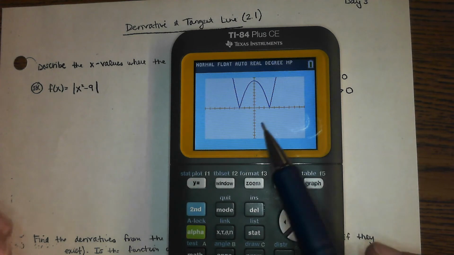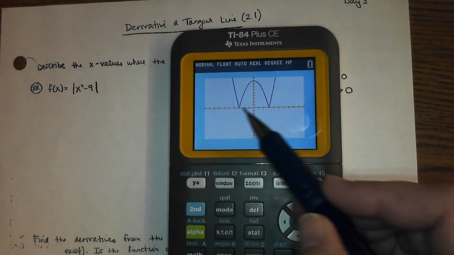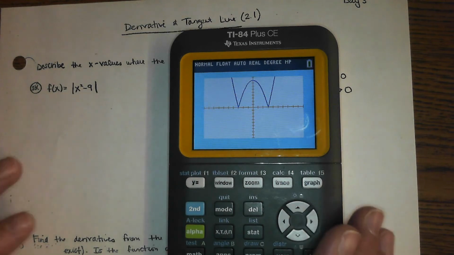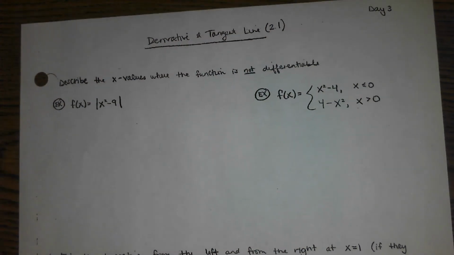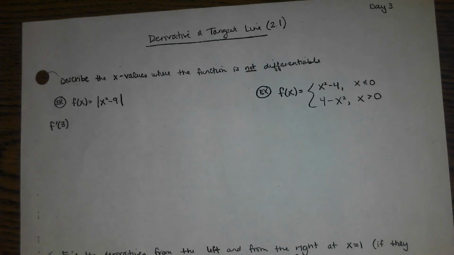Now you would never know what that graph looks like, but hopefully you're at a point where your intuition, just natural gut, tells you something weird happens at 3 and -3, right? Now, if that was your gut, and you didn't have a calculator to see that it comes to a point at 3 and -3, you could use your gut to test what is f prime of 3.